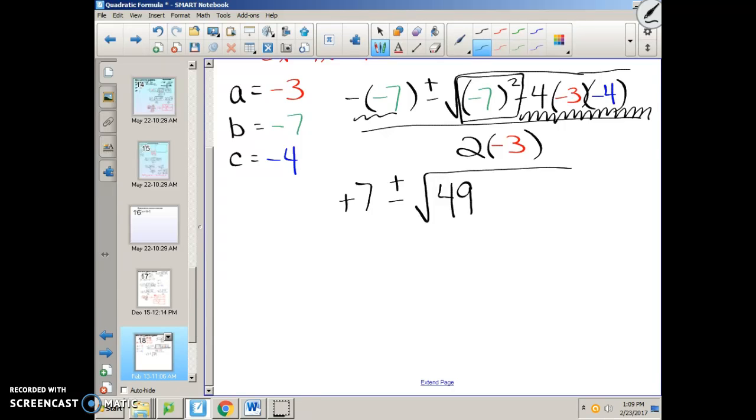What I think of it as is this. There's a negative 4 times a negative 3. Well, negative 4 times negative 3 is positive 12. Positive 12 times negative 4 is negative 48. So that means this whole thing is negative 48. That is how I would suggest doing that problem, especially when you've got 3 different signs there. And then it's all over negative 6.